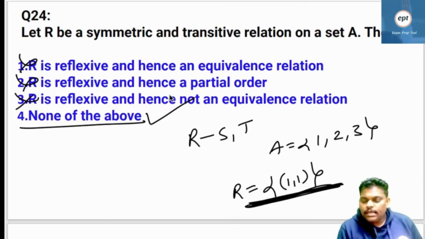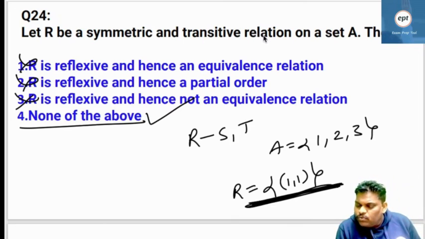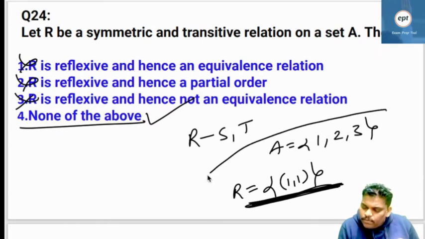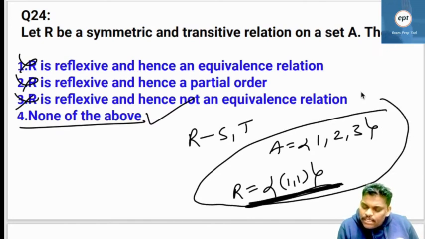So you only say if R is symmetric and transitive, then R is reflexive. Is it true? I give an example also. Can you see the example?